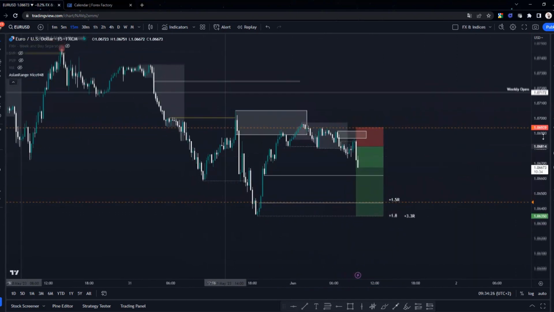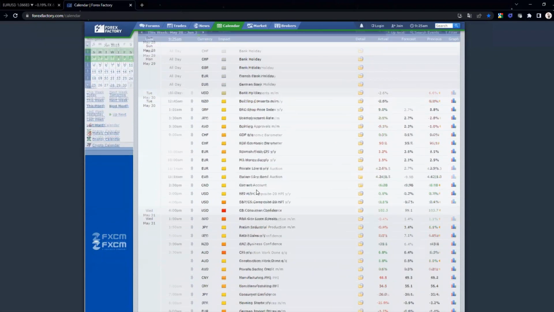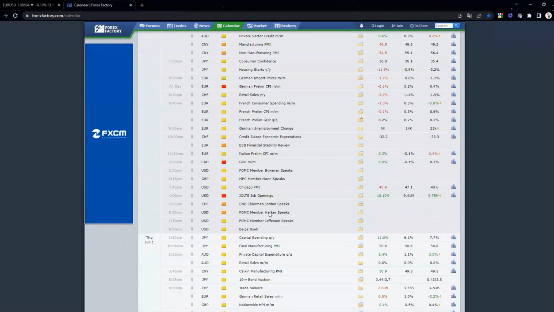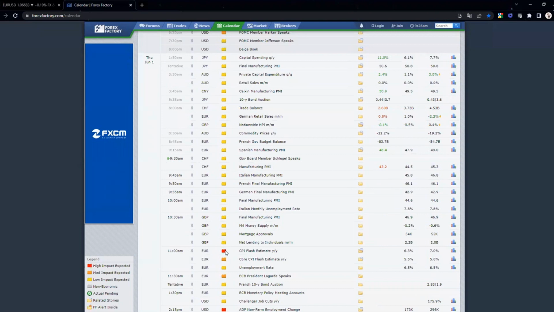One thing to notice is the news event. We have a news event coming soon. Today is Thursday. At 11 a.m. we have some high impact news on Euro CPI release. So I look out for this news event.